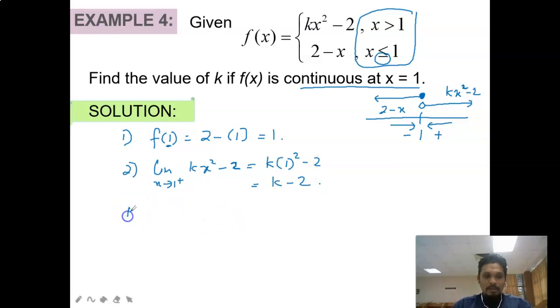Because the limit when x approaching 1 of the function f(x) must equal the function when x is exactly equal to that point, which is 1 right now, so then k minus 2 equal to 1. k equal to 3.